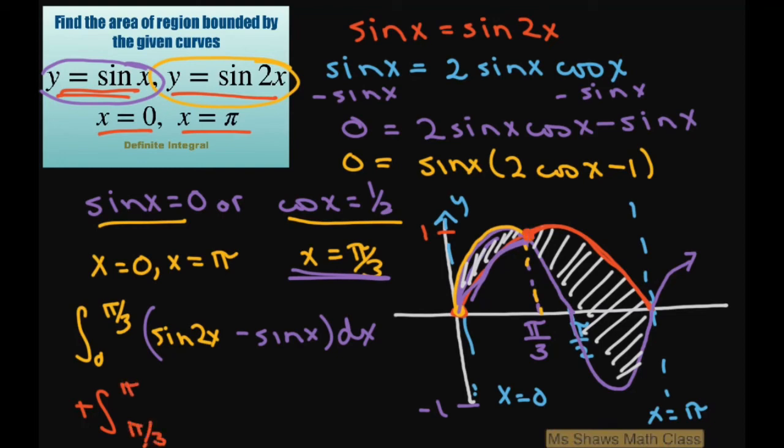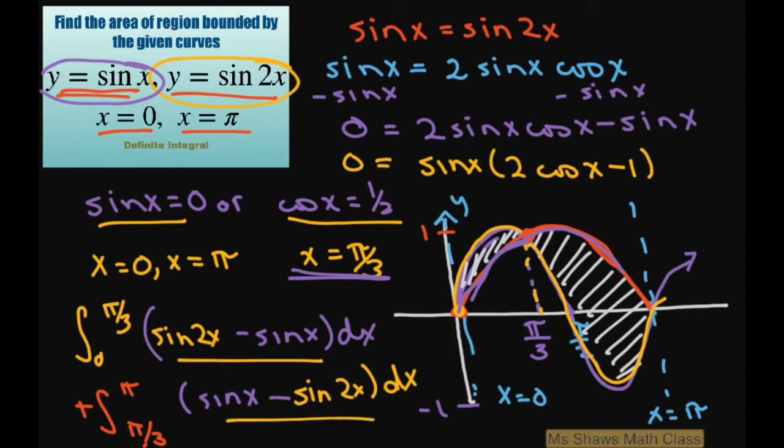The upper part is the purple one, so that's going to be sine of x, and then you subtract the lower bound, the lower part that's bounding the shaded region, which is sine of 2x dx. The next step is to integrate both of these.